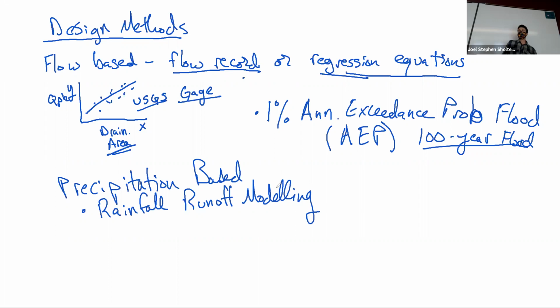In rainfall-runoff modeling, we figure out how much rain we expect to have. So in this case, you would do the 1% AEP precip depth. So how many inches of rain do we expect to have over a 24-hour period in this particular area with a 1% annual exceedance probability?